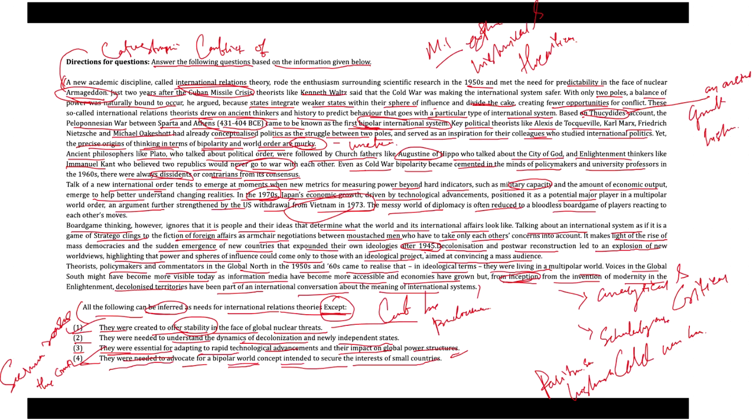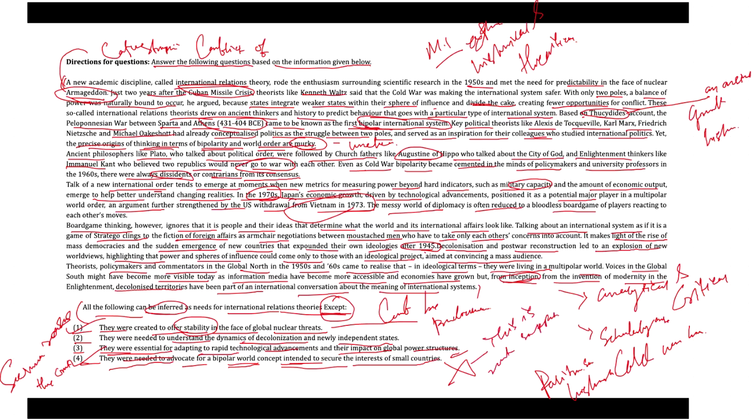Now, in that case, this particular option is not supported: it is not advocating for a bipolar world to secure the interest of small countries. So, we can say this is not supported by the passage.